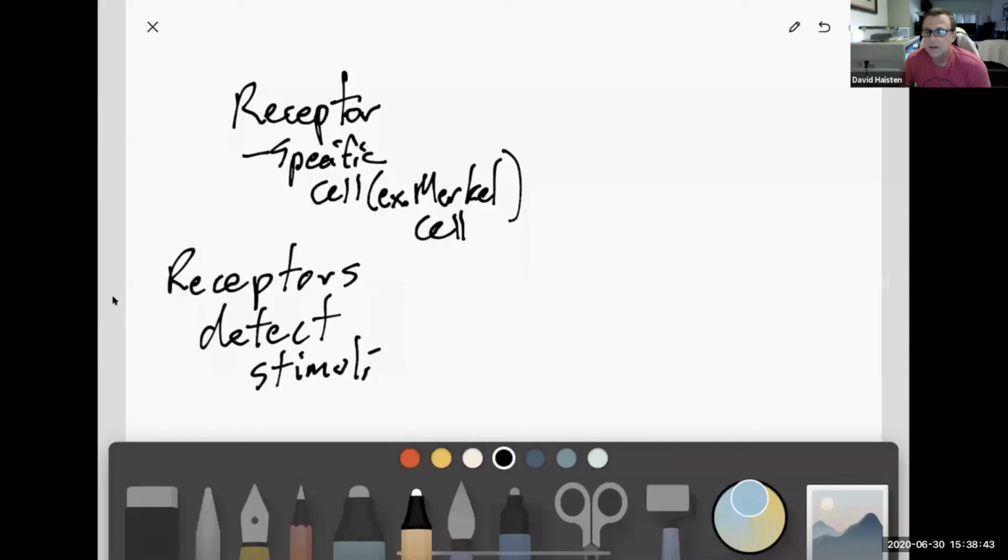Then you have special receptors that detect light. You have receptors that detect chemicals. You have mechanical receptors that detect mechanical stimuli. That will include touch, all that. Okay, so receptors detect stimuli.